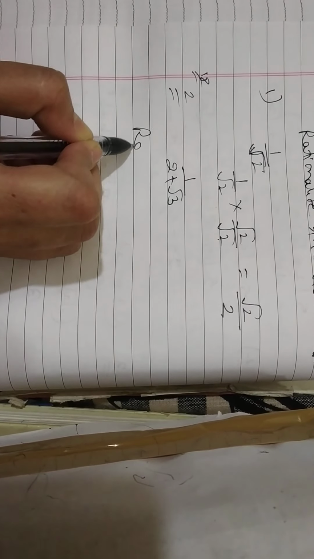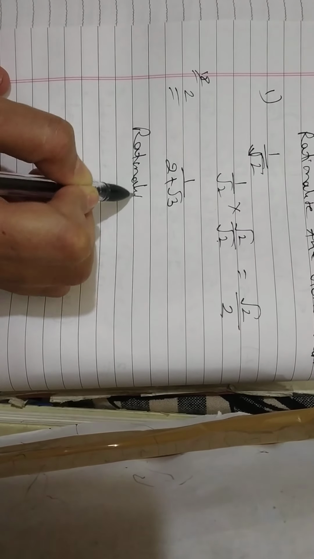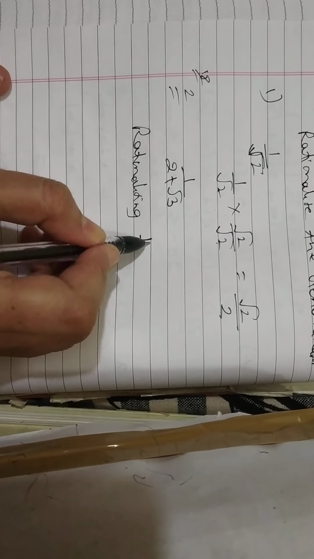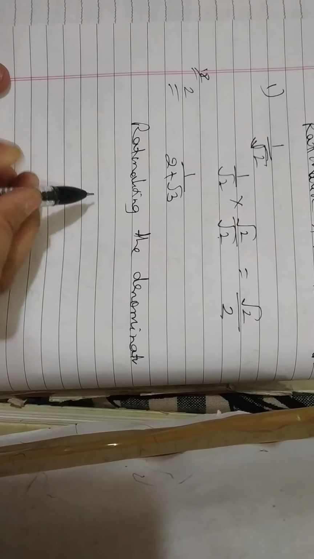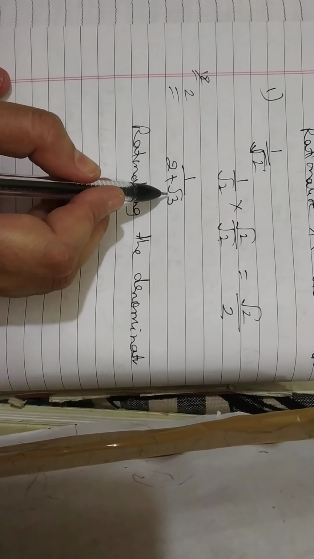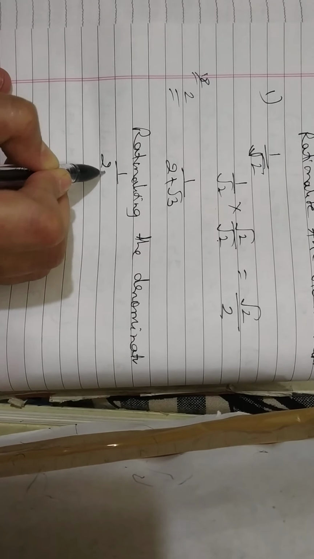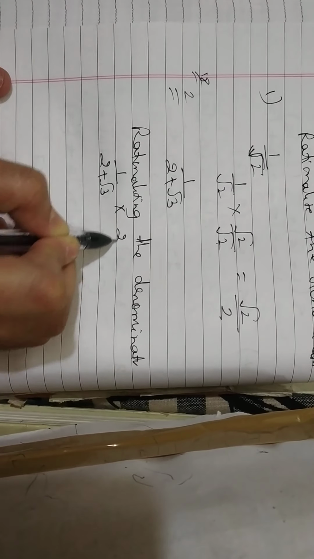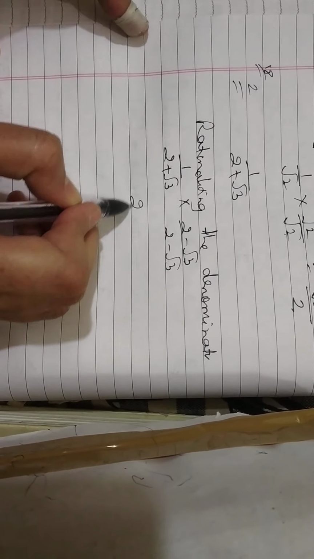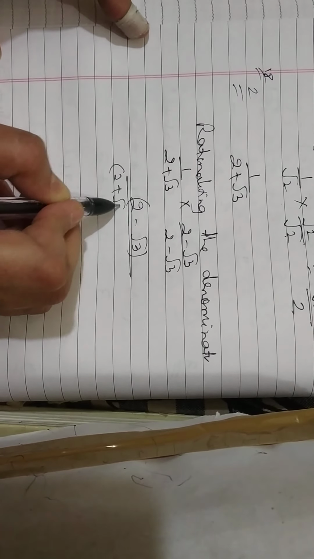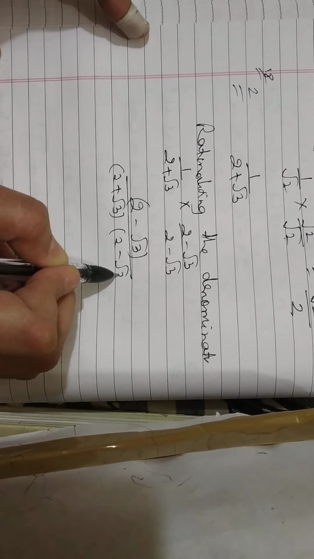Here rationalizing the denominator, we'll write rationalizing the denominator. How to rationalize? What will be the conjugate of 2 plus root 3? Conjugate of 2 plus root 3 will be 2 minus root 3 upon 2 minus root 3. So here in the numerator you will get 2 minus root 3, in denominator 2 plus root 3 and 2 minus root 3.